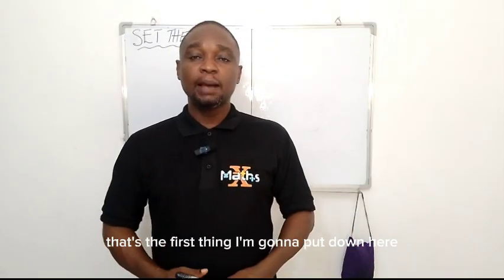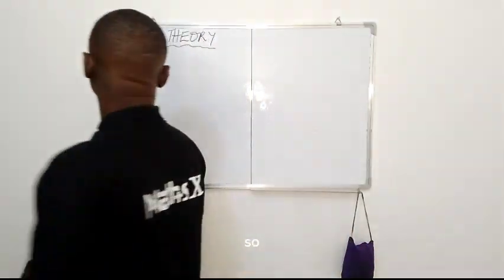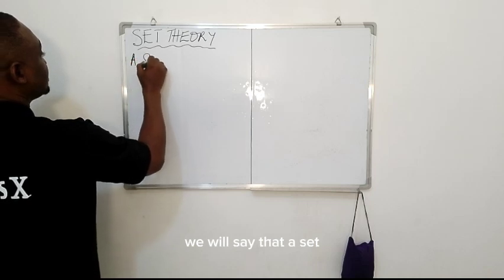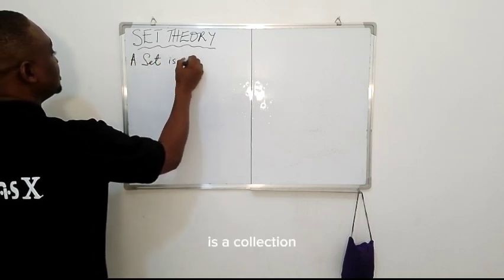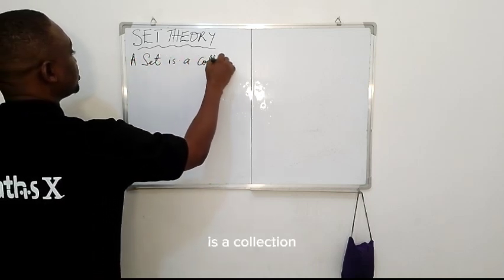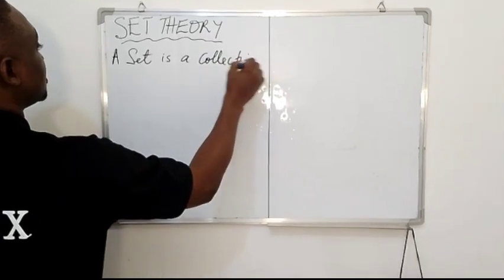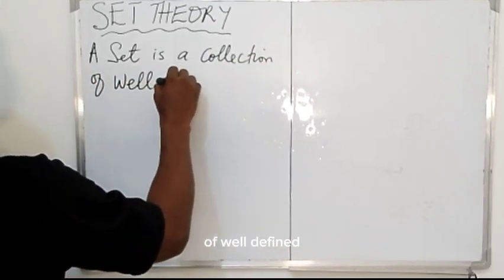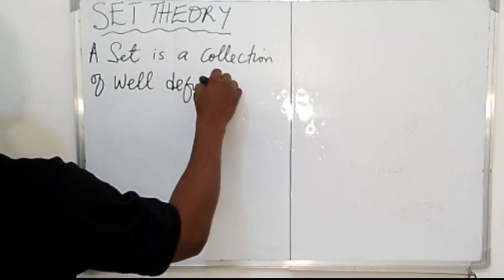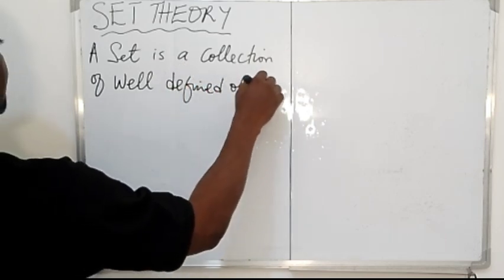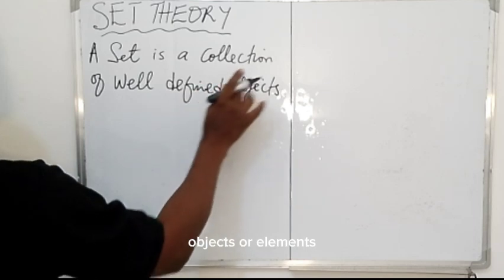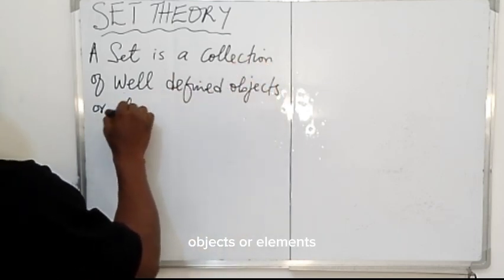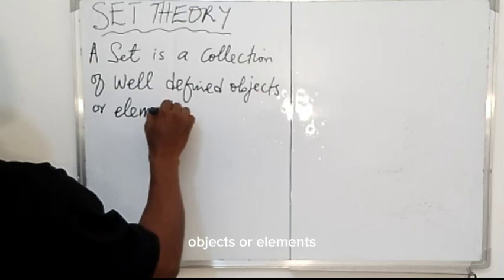So we will say that a set is a collection of well-defined objects or elements.